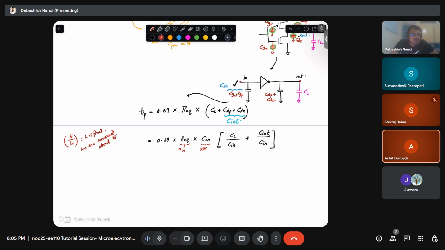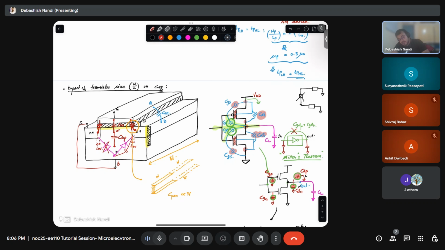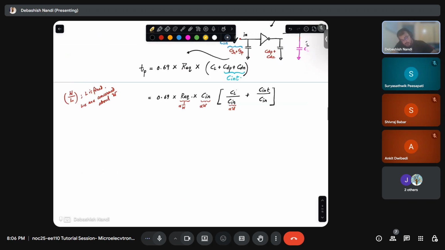CL is the load, it does not depend on W of this stage. I am concerned about this guy only, I am going to size this. CL depends on the W of something different, the next stage maybe, but not of this stage.